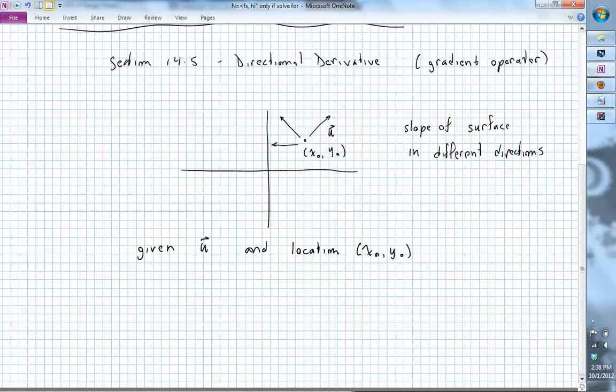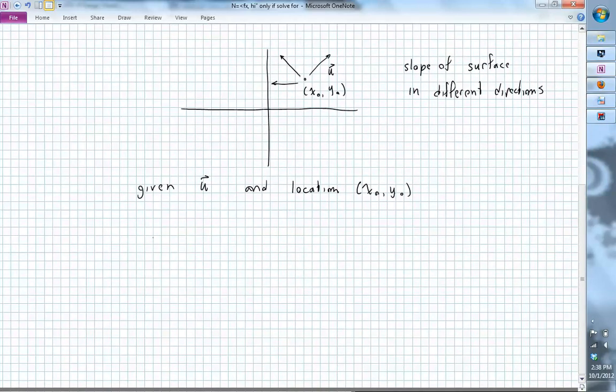Okay, let me motivate this a little bit, and let's talk about the partial of f with respect to x and the partial of f with respect to y are examples of directional derivatives. How are they examples of directional derivatives? In the sense that you've already looked at this, right?